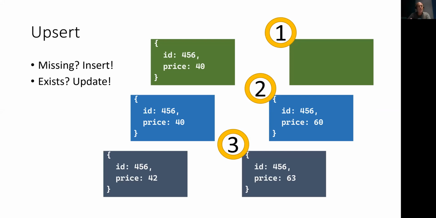Number one here shows a record never existed in the destination. We're just going to copy that over. Number two here shows a record that existed in the destination. So now we just have to update the value. Maybe it was 40, we added $20 and now it's 60. Maybe we changed our ETL and we're not really talking about data that changed in the source. We're talking about ETL resulting in a different computation that makes the data in the destination change.